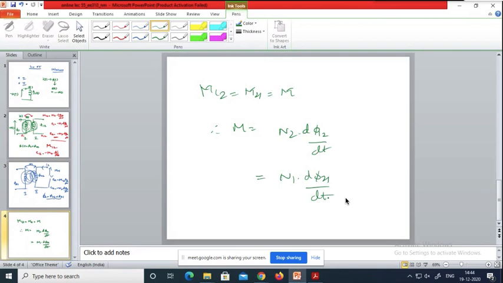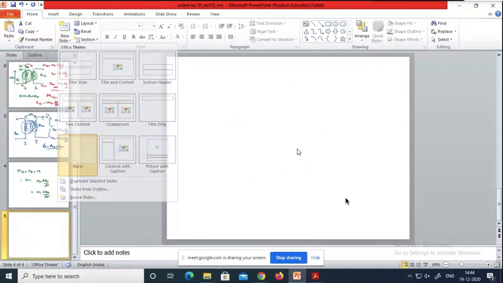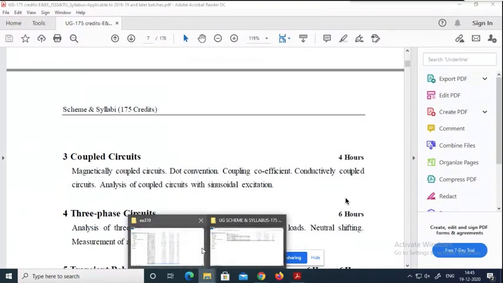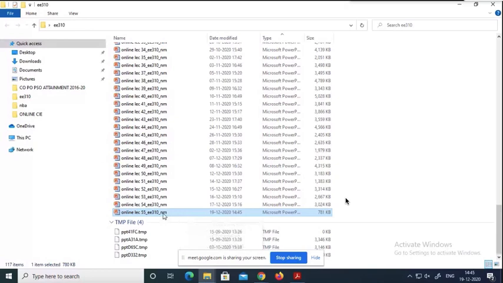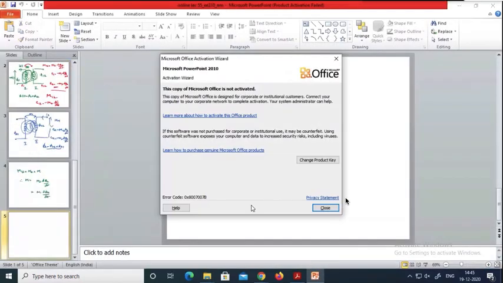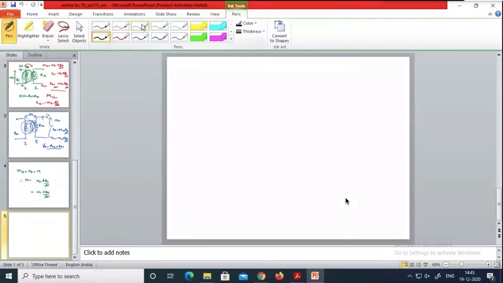The coefficient of coupling is given by or denoted by the coefficient of coupling, a very important concept here.